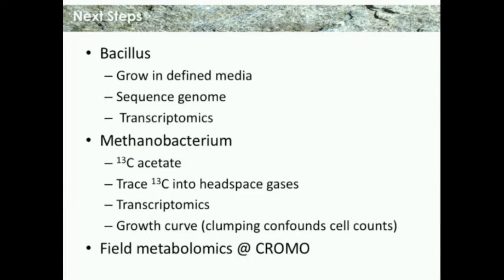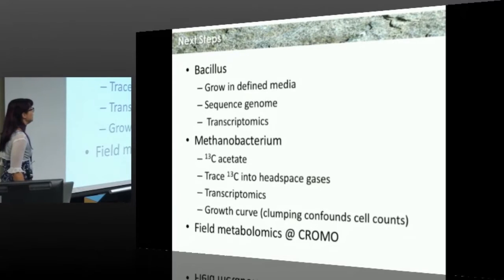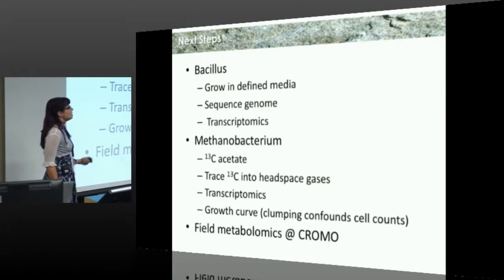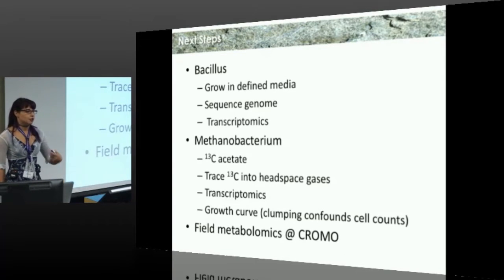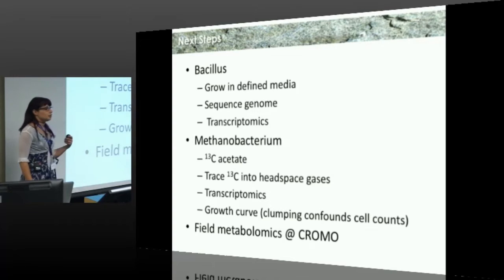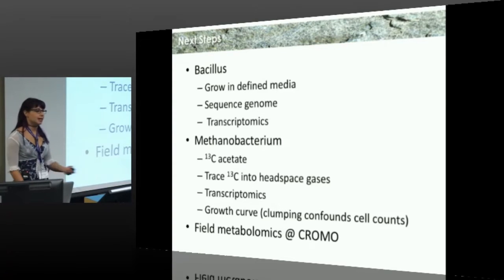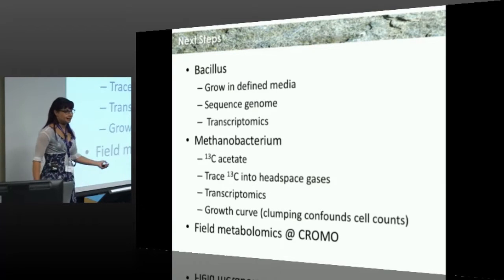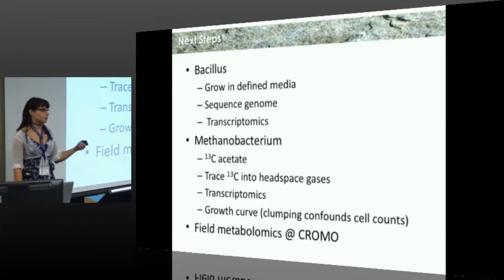So our next steps are to grow the bacillus in more defined media, sequence the genome, and also look at the transcriptome to try to tease apart what exactly is going on metabolically in those isolates. But also to take the Methanobacterium and try feeding it 13C acetate to see if that is incorporated into the metabolites, and trace the 13C into the headspace gases to see if it's going into the methane from the older cultures.